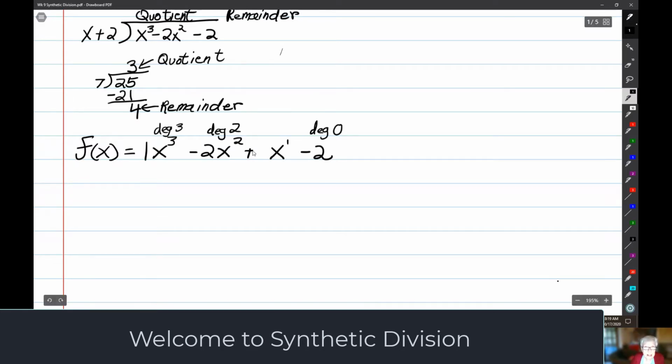But if I add 0 times x to the 1, well, 0 times x is 0. So I haven't really changed the numerical value. I've only changed the form. But now I can do this.